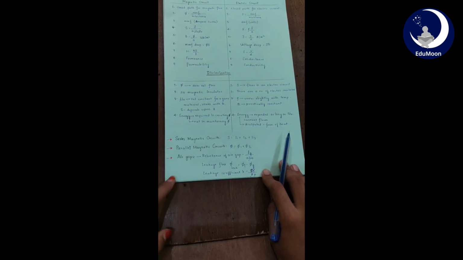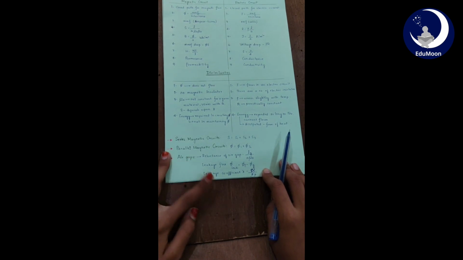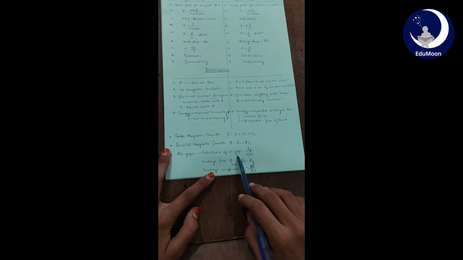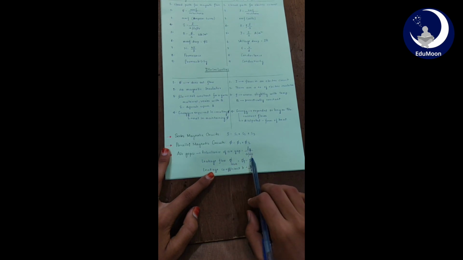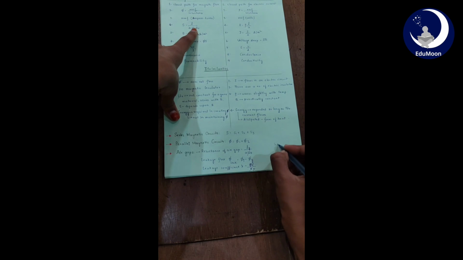See, in a magnetic circuit, in case there are air gaps, then what to do? How to solve the problems if there are any air gaps? We find the reluctance for this air gap, that is Lg by A into mu naught. See, if it is a reluctance for some material, it is S equals L by A mu, right?